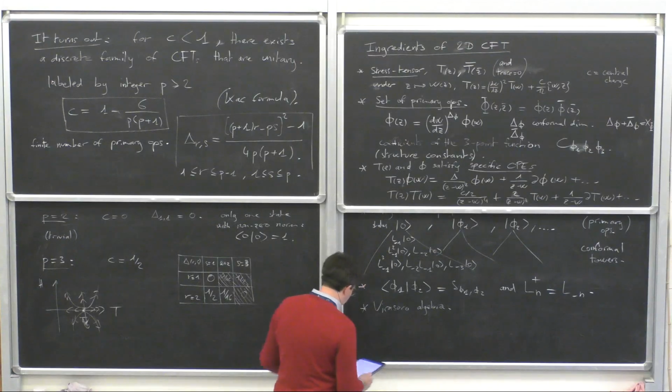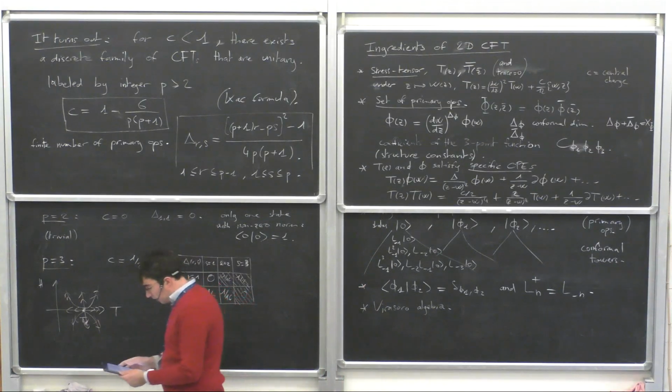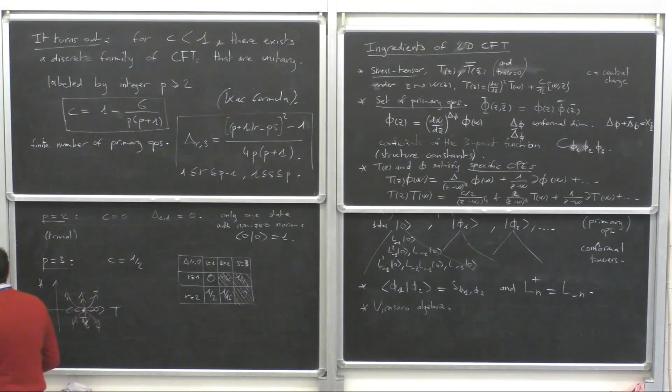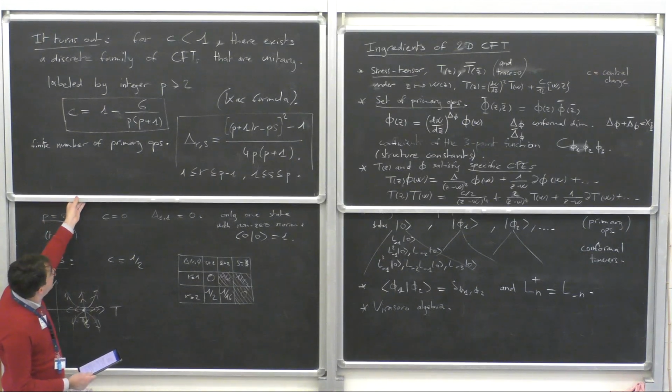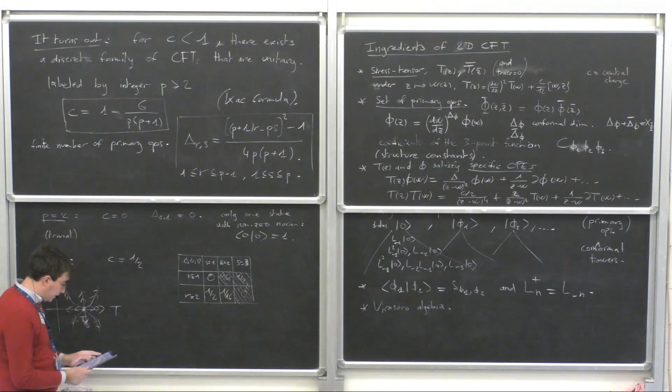And you can play this game with the other minimal models. So the next one with p equals 4 has central charge 7/10, and it has, let me check, 4 primary operators, I think, if I remember correctly. It's in the notes somewhere.